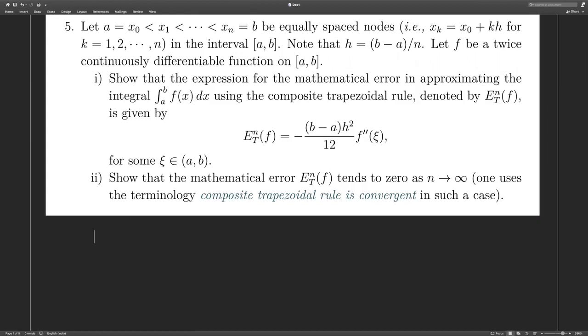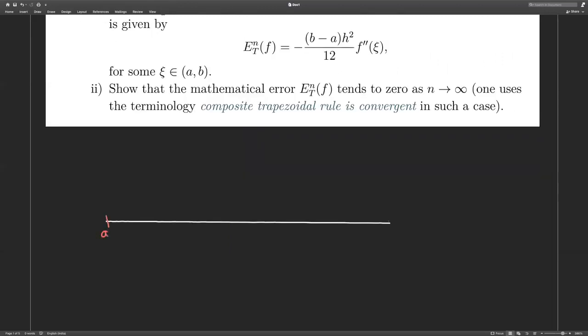Let us now learn how to do convergence analysis for the composite trapezoidal rule. This is given as an exercise problem in the chapter on numerical integration and differentiation. I think it is problem number 5 in our notes. We have the interval a to b, and we subdivide this interval into n plus 1 subintervals of equal length with partition x0, x1, and so on, xj, xj plus 1, and so on till xn minus 1 and xn, which is equal to b.